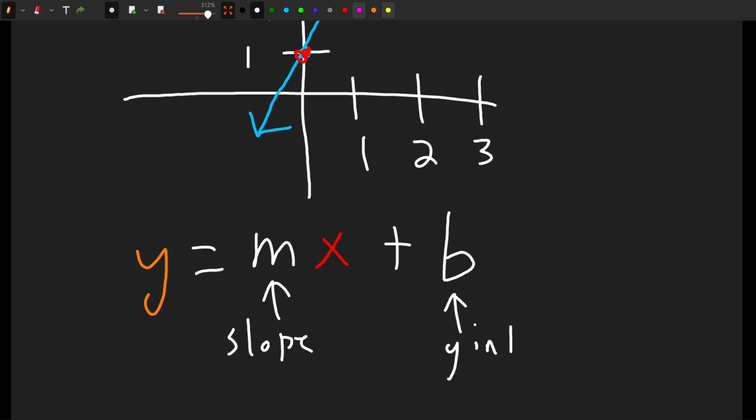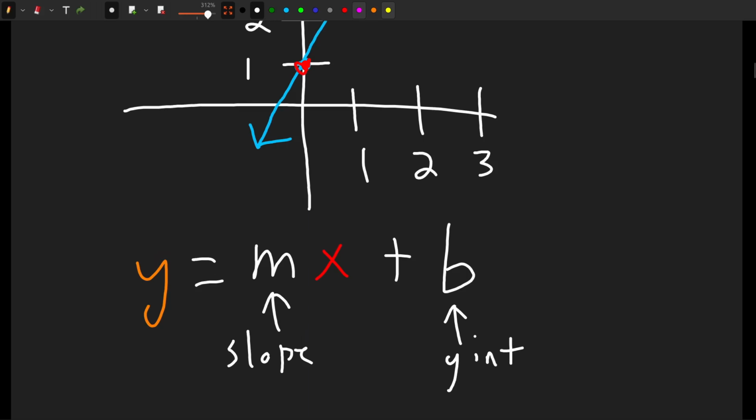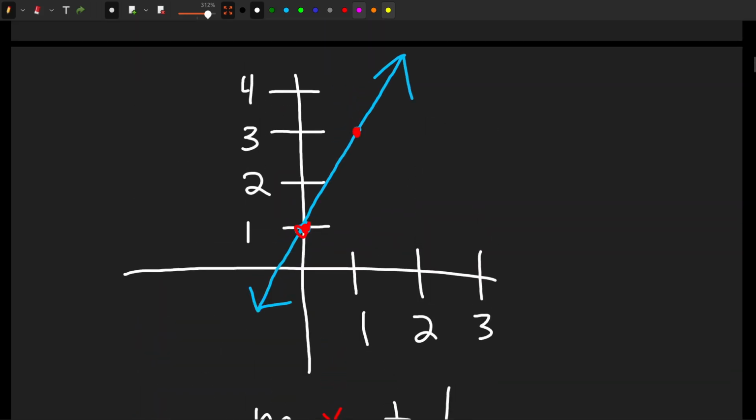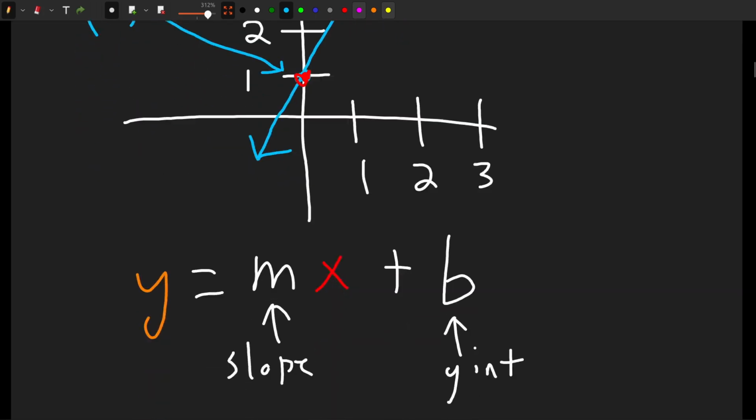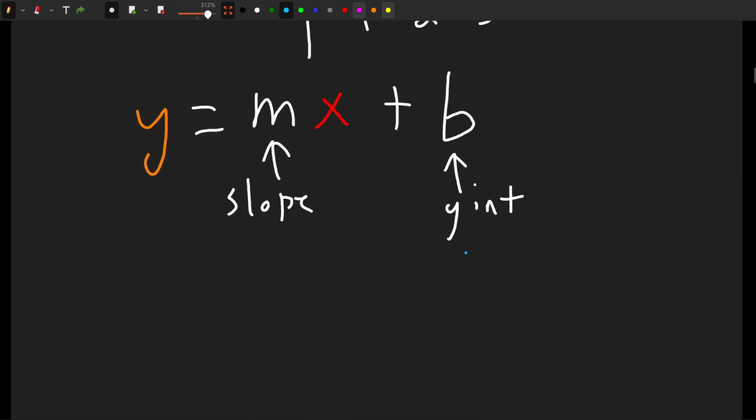So the first thing I like to do is find what my y-intercept is. From this graph, I can see that my y-intercept is right here, and it is (0, 1), where x is 0, y is 1. And so I'm going to plug that in for b right here. My b value is going to be 1.